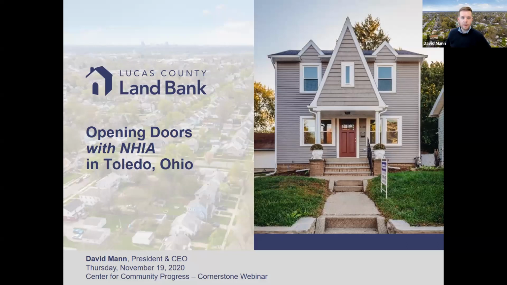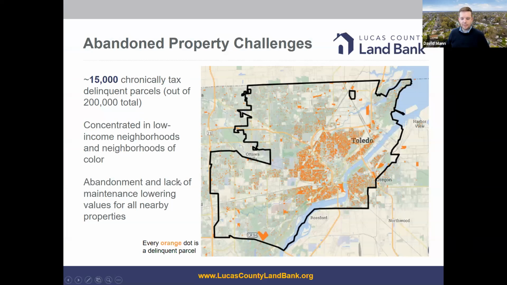Thanks, Rob, and thank you all for being here. I think this is a great conversation about finding tools that meet the needs of our community. So we are a land bank. We deal with vacant and abandoned properties here in Toledo and Lucas County, and you can see that we have a significant challenge to deal with them.